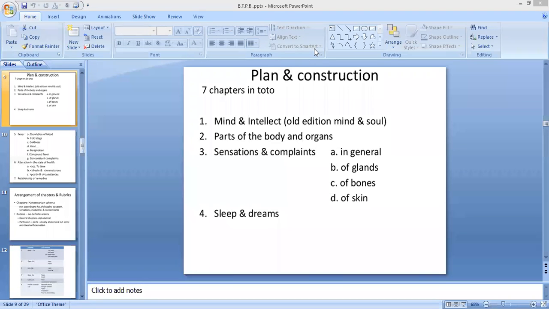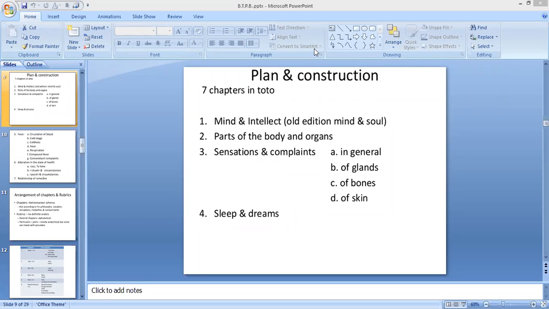Number of rubrics in this subsection is 825. Then number of pages covered by this sensation and complaint chapter or subchapter are 94.